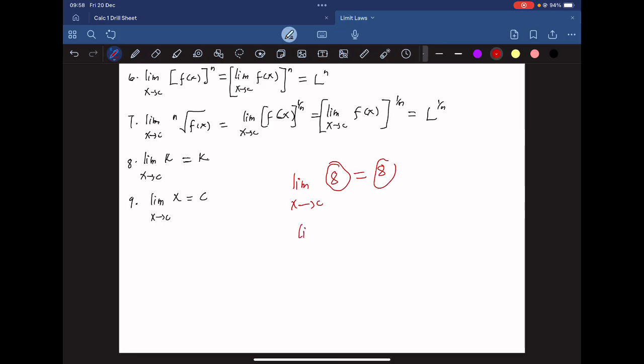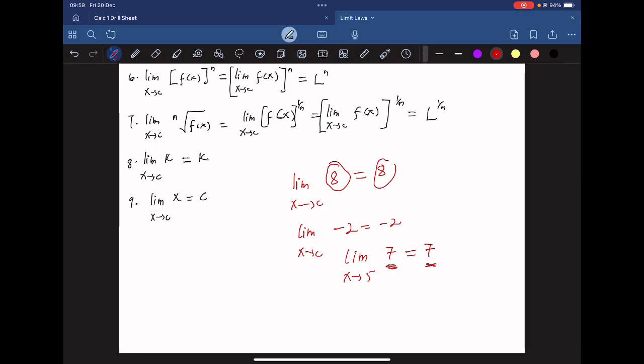So the limit as x approaches c of -2 is the same as -2. The limit as x approaches, let's say 5, of 7, is always equal to 7. Irrespective of the c value, if this is a constant, you always end up getting a constant.